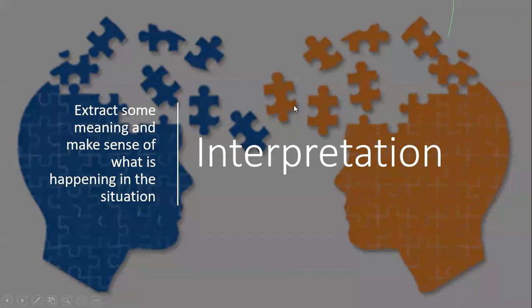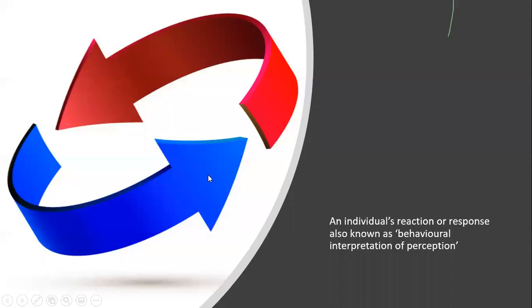Is it bad? And then the next one is the response. An individual's reaction or response is also known as the behavioral interpretation of perception. It is not just enough for you to perceive, you have to have a response. Any stimulus must make you have a response. Either you continue doing it or you stop it. You understand? So you must have a response in one way or the other.